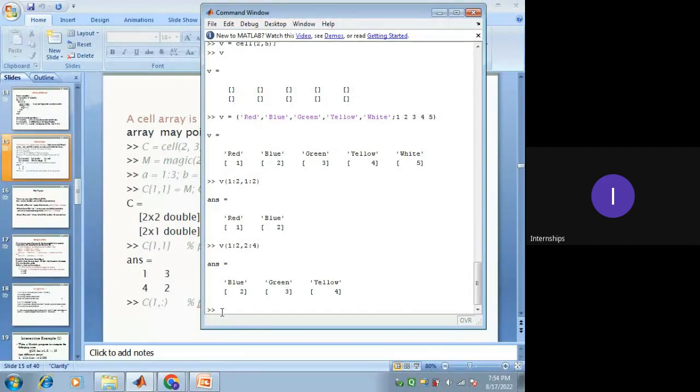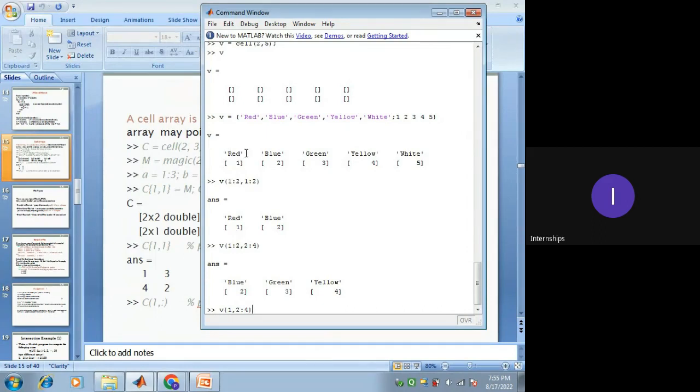Now, if we write V, oh sorry, with curly bracket 1, comma 2:4, that means we are not selecting the first row and second row like this one.